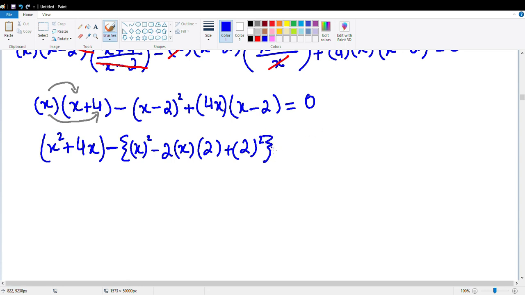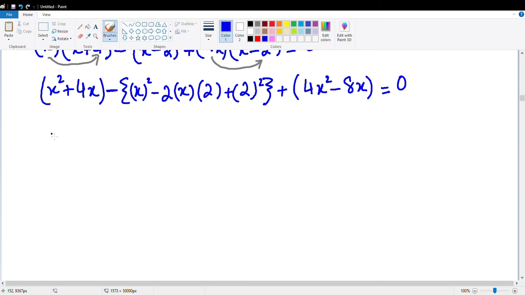Let's keep bigger brackets. Plus 4 into x, actually 4x into x, we'll get 4x squared, and then 4x into minus 2, and we'll get minus 8x. Let's just keep the brackets on. Equals 0.